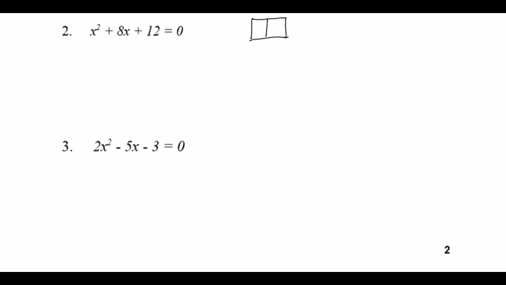We need a number that adds to 8 and multiplies to 12. You guessed it. The answer is 6 and 2. So the left side of the equation turns into 2 brackets if we use our simple factoring method. So this ends up being x plus 6 and x plus 2 equals 0.